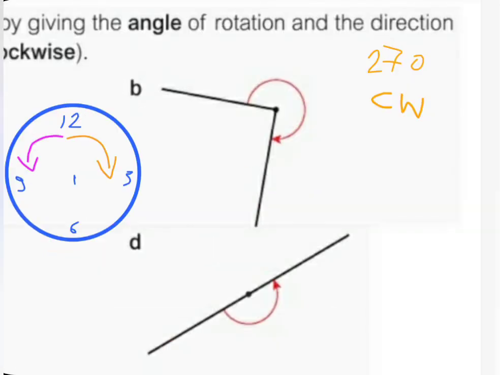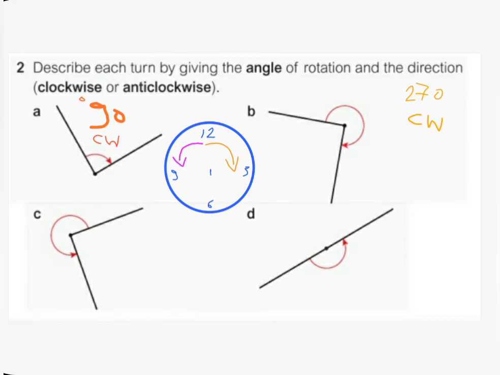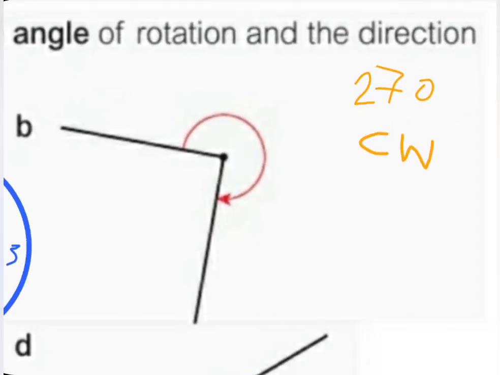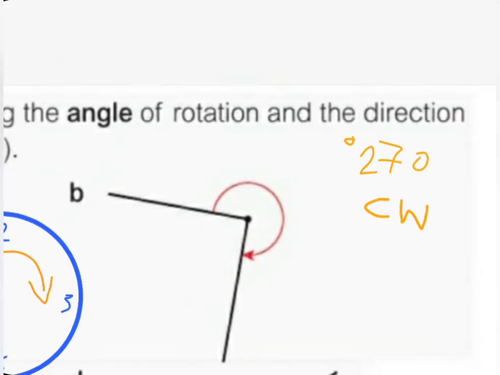Very good. Now, let's take a look at C. When we talk about the angle in C, it's the same as B. So it's going to be 270. Very good. 270 degrees. Good.